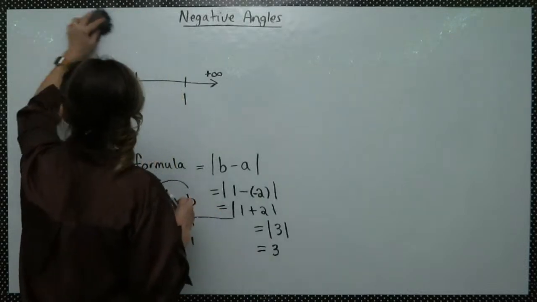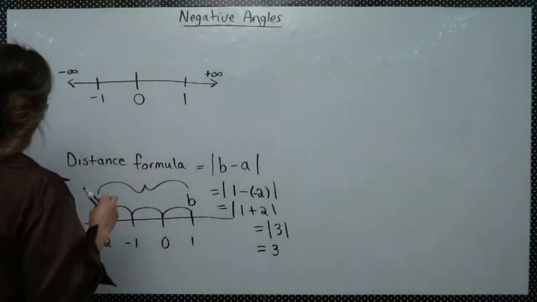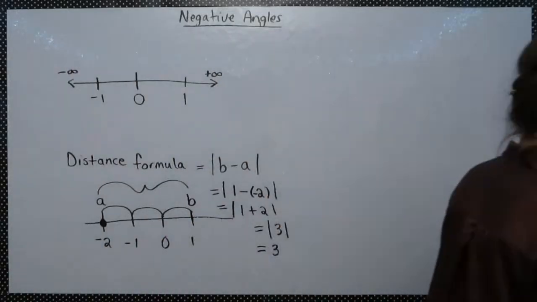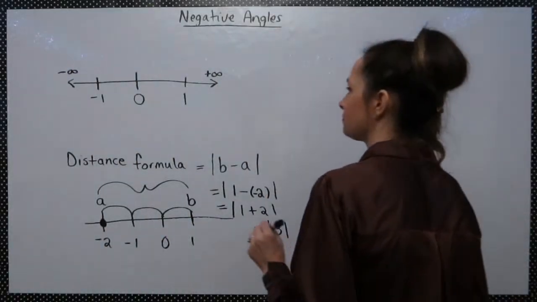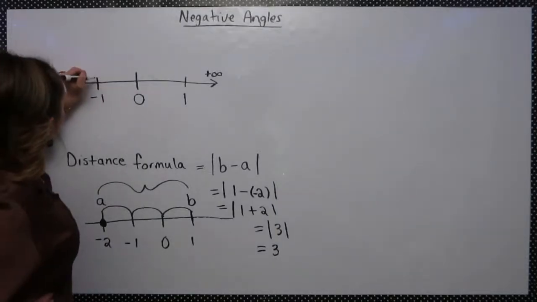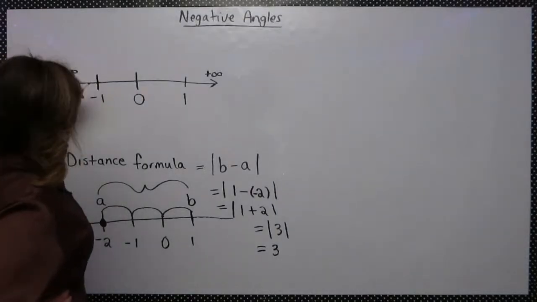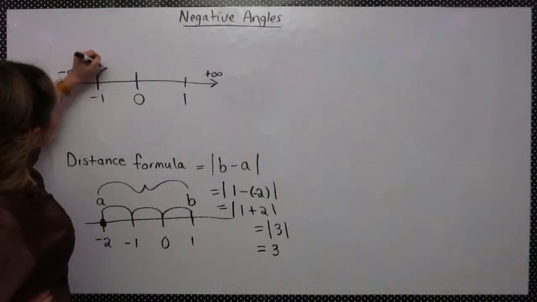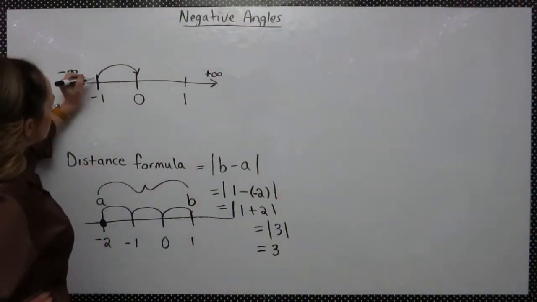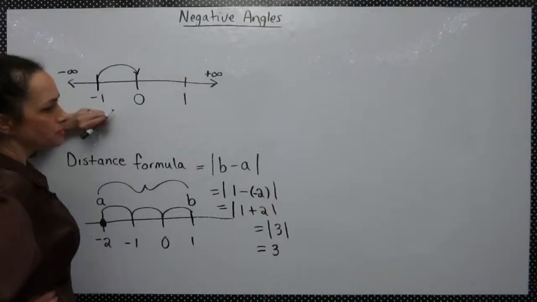And what the absolute value represents is the distance on the number line from this 0 point. So -1 has a distance of 1, but it's in the negative direction from 0.